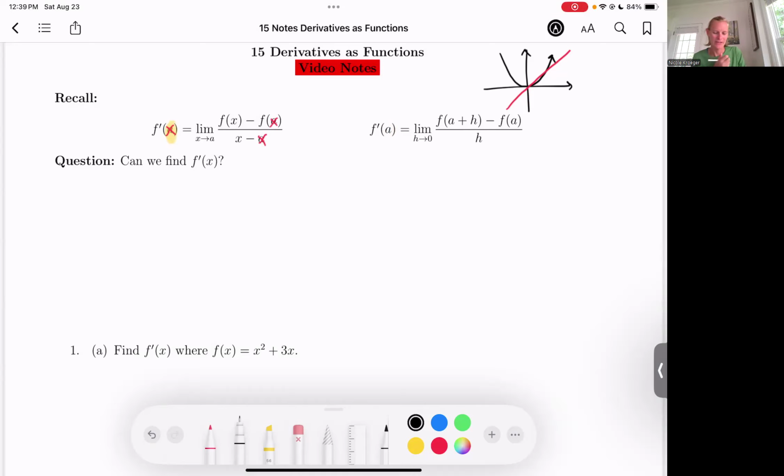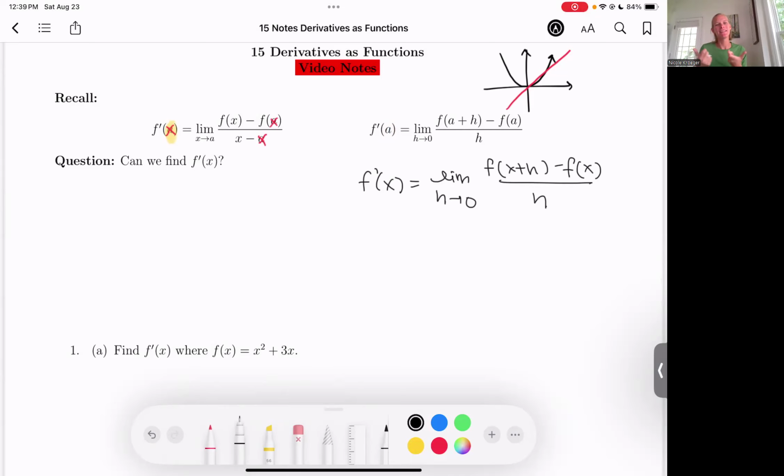Otherwise, the other function just doesn't help us. So we can just replace all the a's with x's. We're going to have f prime of x is the limit as h approaches 0 of f of x plus h minus f of x over h. Cool. That's going to be the derivative.